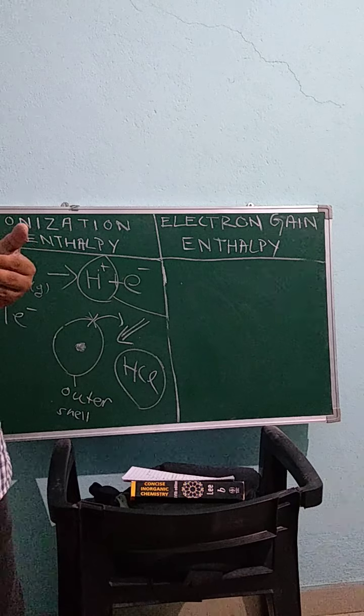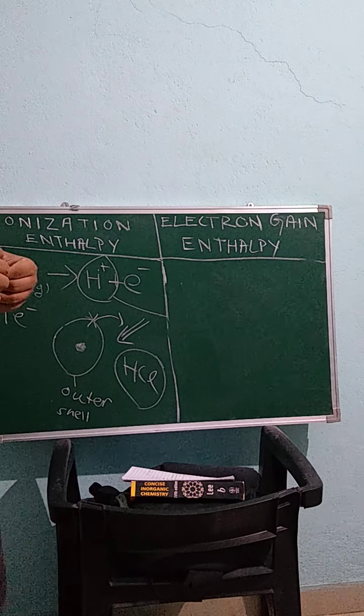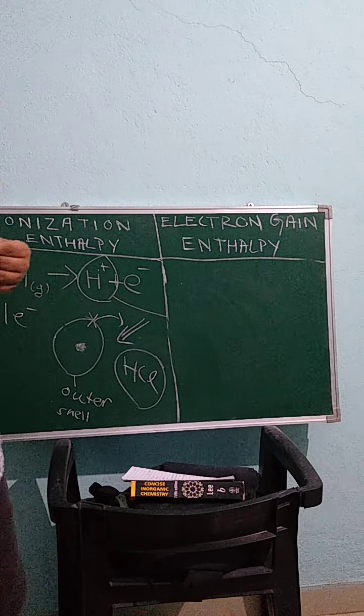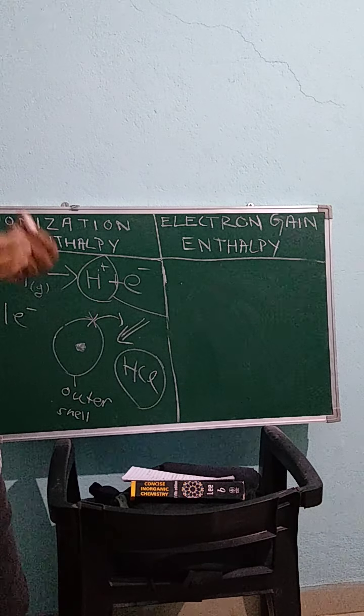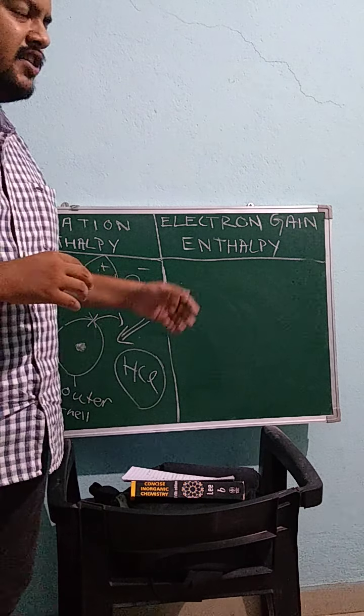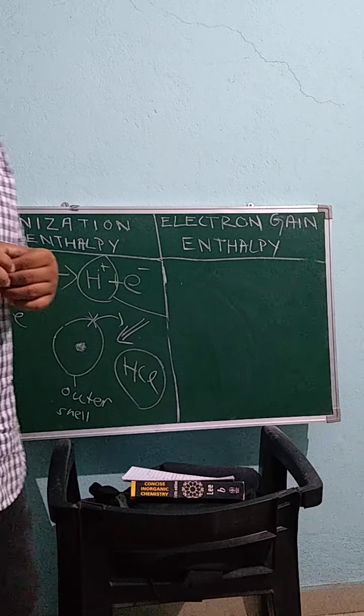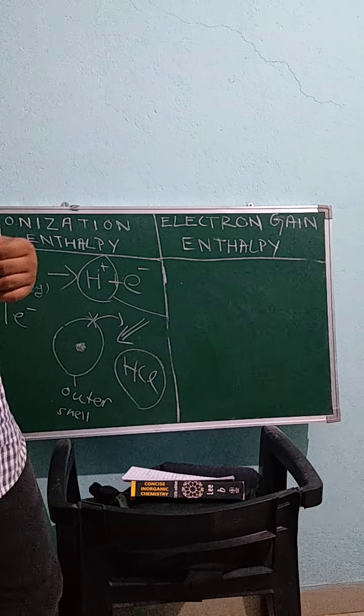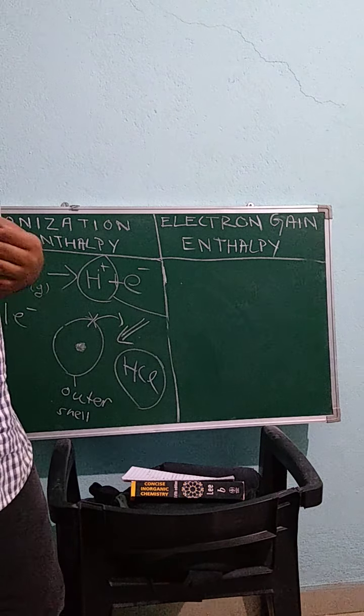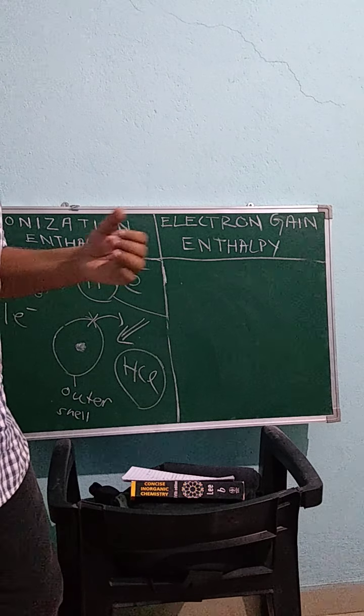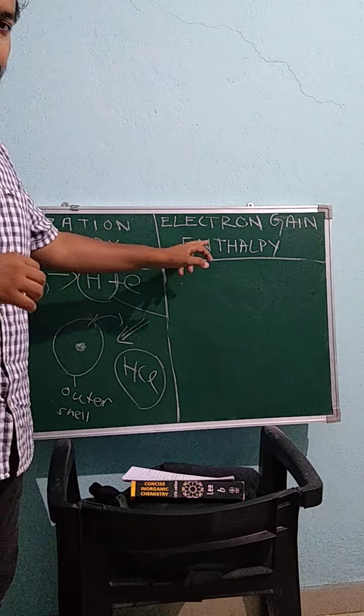Means if we are giving an electron to an atom, then there can be a release of energy or we have to give energy to the system. In the last example I told you about chlorine atom, where we are gaining energy, means that is an exothermic process. Now we'll see an example of endothermic process in electron gain enthalpy.